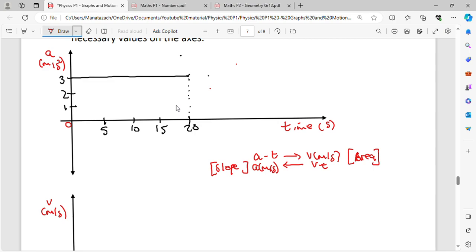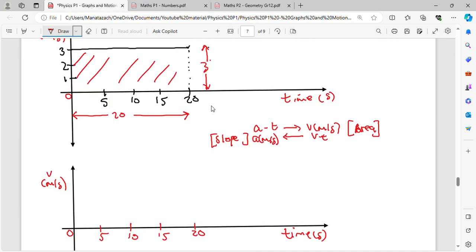So now let's work out the velocity. The area under the acceleration time graph. Okay, we know that the base here is 20 seconds, right? And the height is 3 meters per square second. So we can easily work out the velocity as V is equal to base times height.